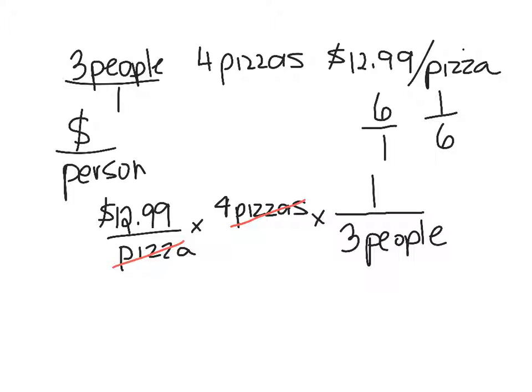Any number that's on the bottom, you divide. So what's 4 times $12.99 divided by 3? 1732.